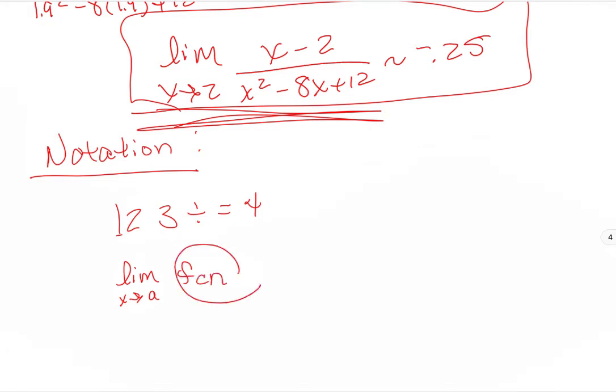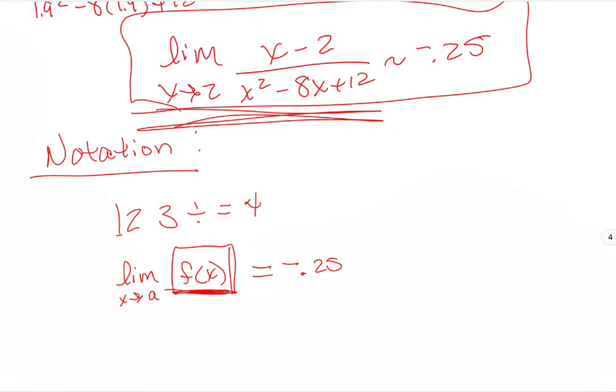This right here is a function. So without having this function, you are telling me that the answer is negative 0.25.